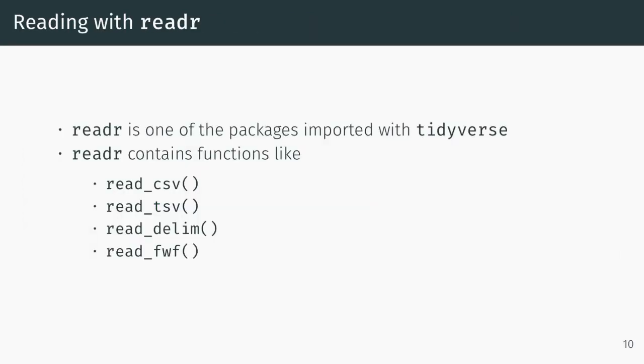Okay, so now on to chapter 8, which is about reading with the readr package. When you say library(tidyverse), it's going to import the readr package as well. It contains functions like read CSV files, read tab separated values files, read delimited files with any delimiter, and read fixed width field files.